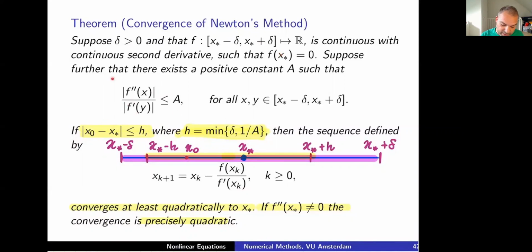This often happens if you try to use Newton's method on functions that have a tangency at x star, so you have a double root. You're not going to experience quadratic convergence, and this does not contradict this theorem, simply because those types of functions do not satisfy this hypothesis, since you do not manage to find such a bound.